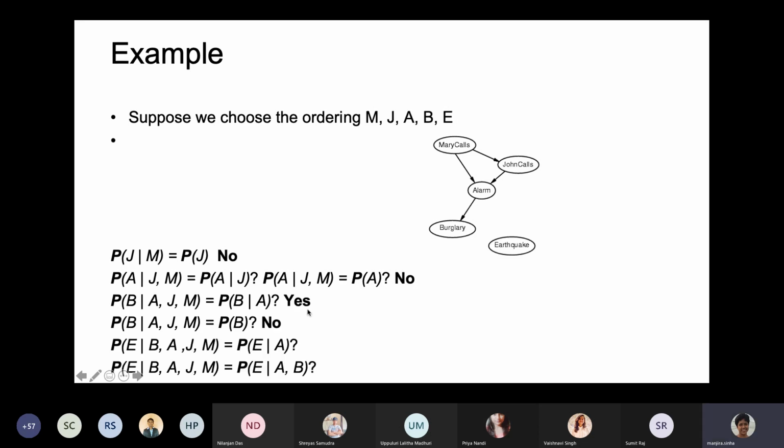And we found that it is yes. So we add only an arrow from alarm to burglary. And we have also evaluated whether burglary is independent of all the other nodes, and we have found it no.